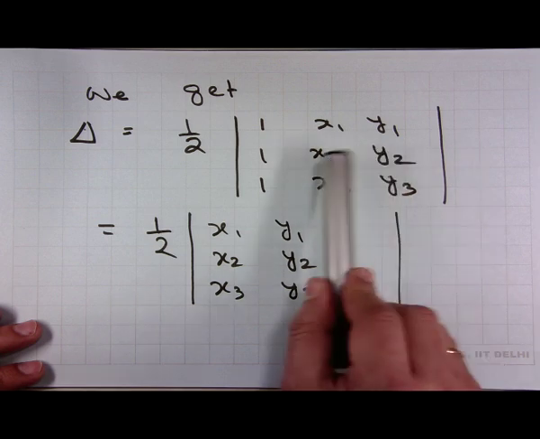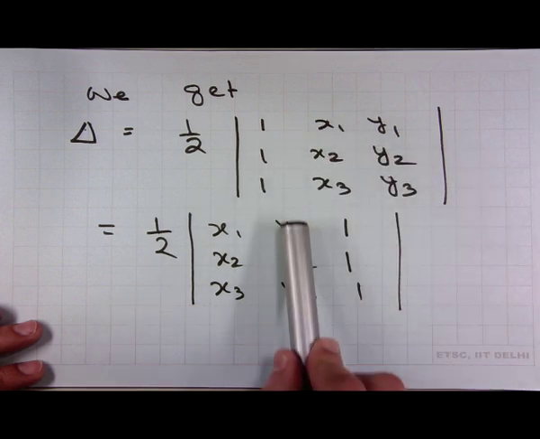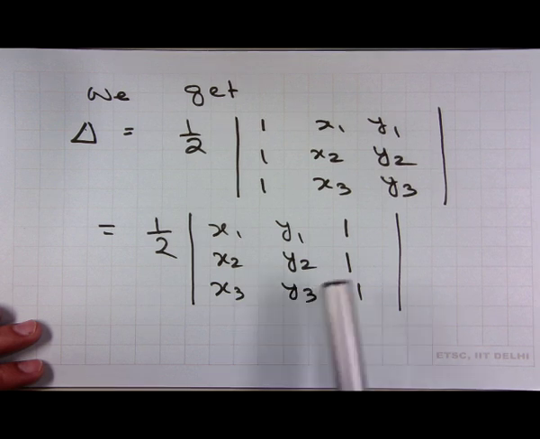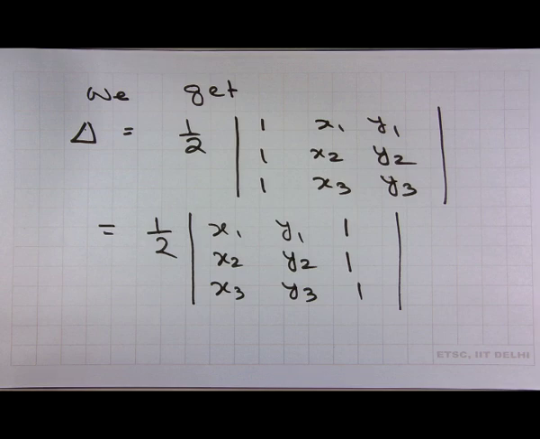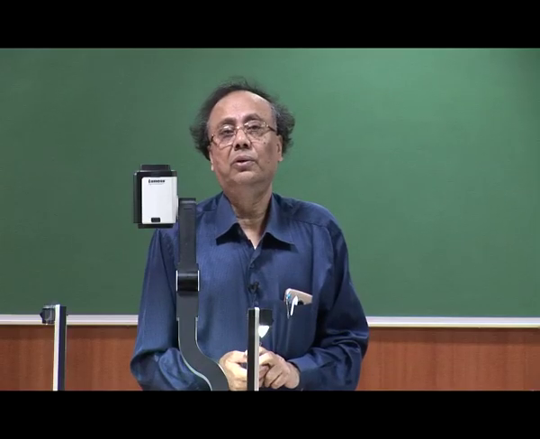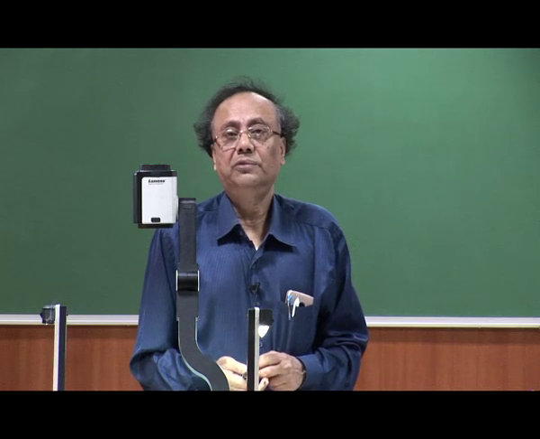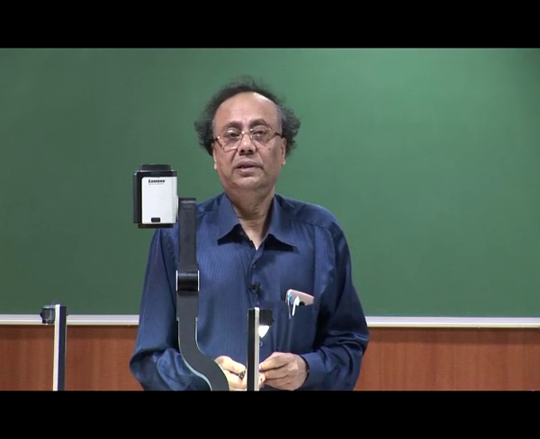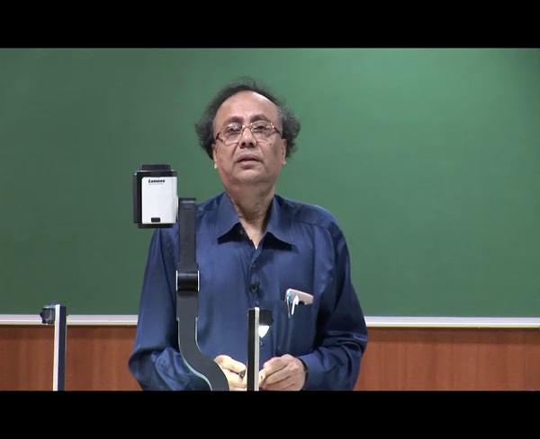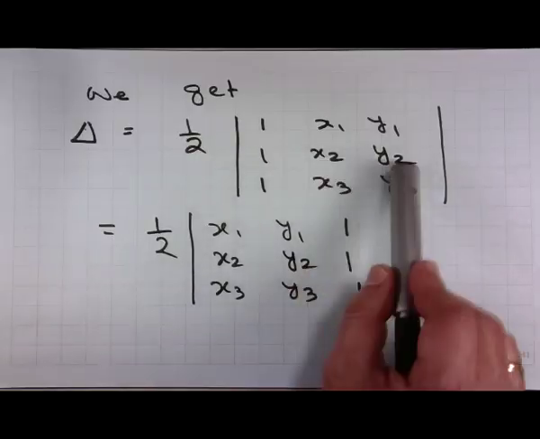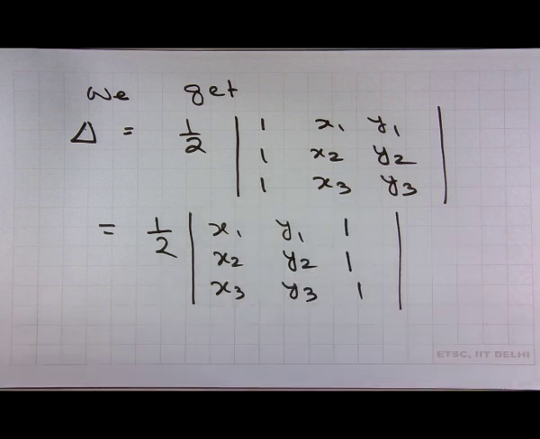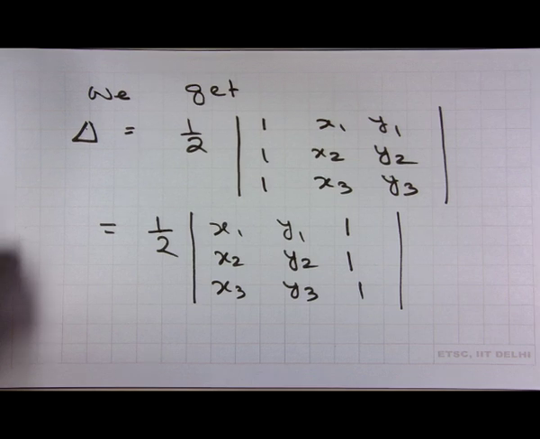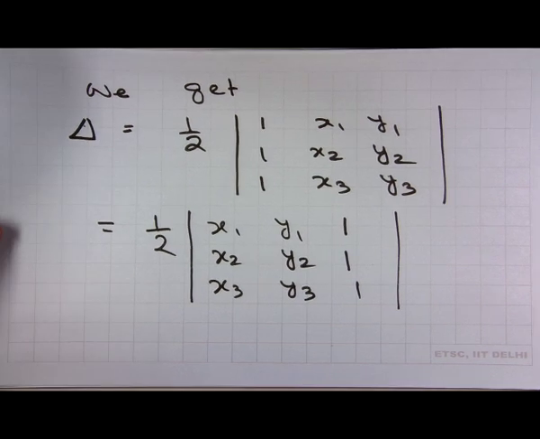Then if we swap the second and third column, I will get y1 y2 y3 here and 1 1 1 here. We know that if we interchange two rows or two columns, the determinant gets a negative sign. Since we have to do it twice, eventually we will get the determinant with the same sign.